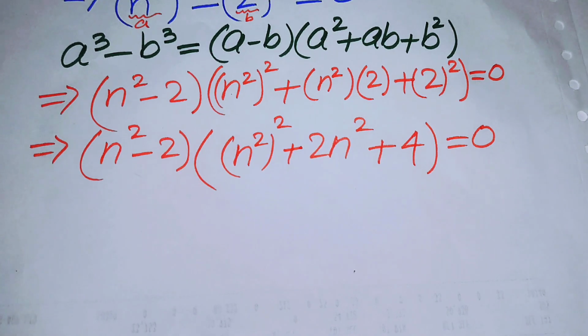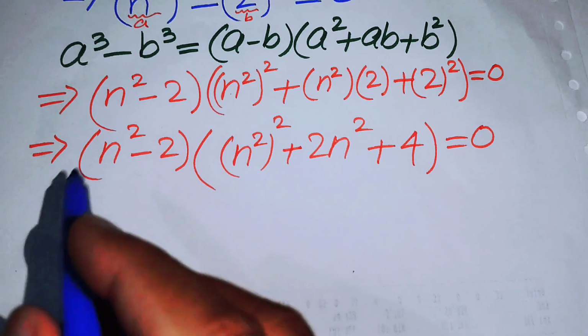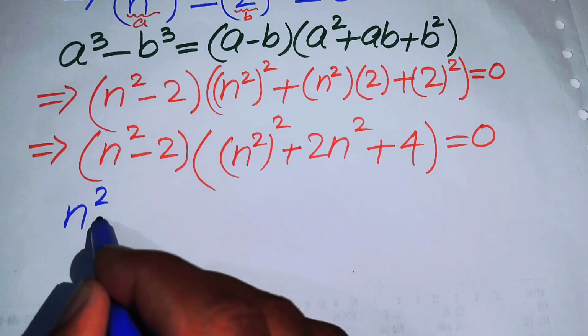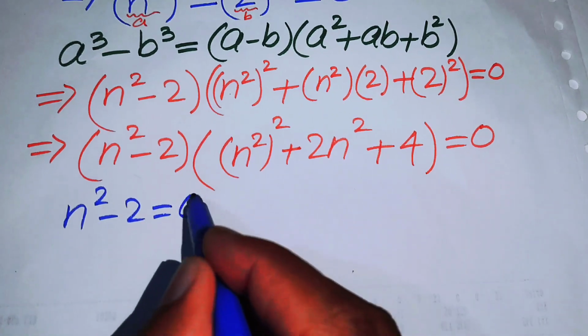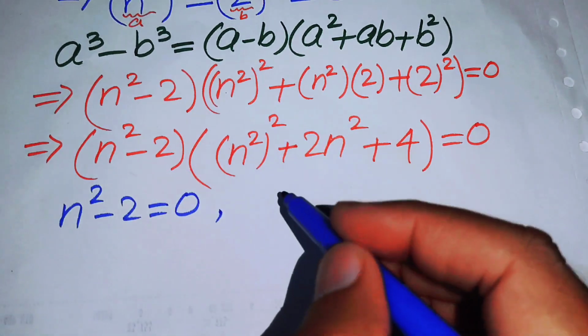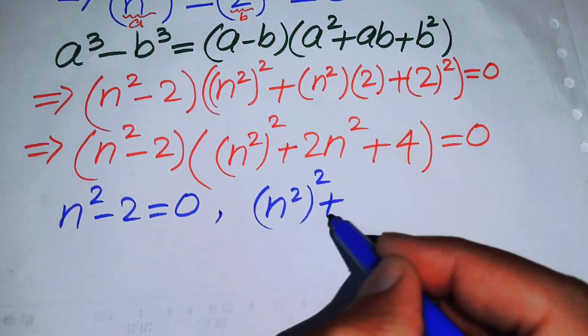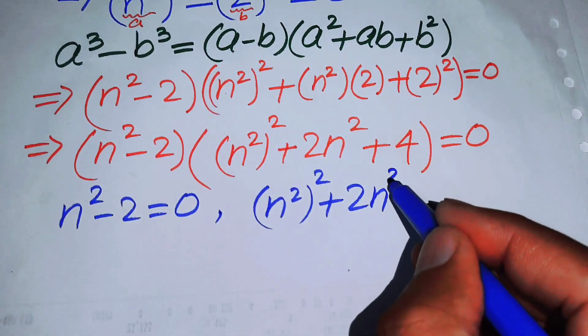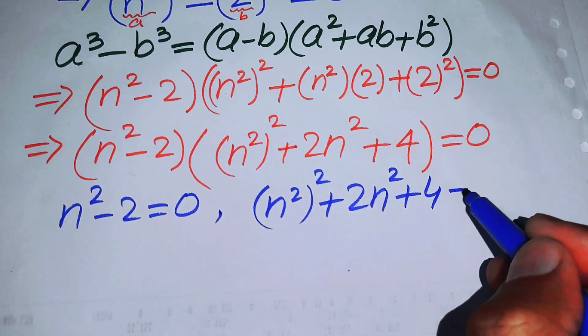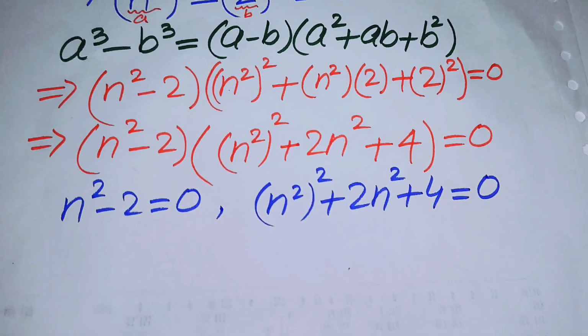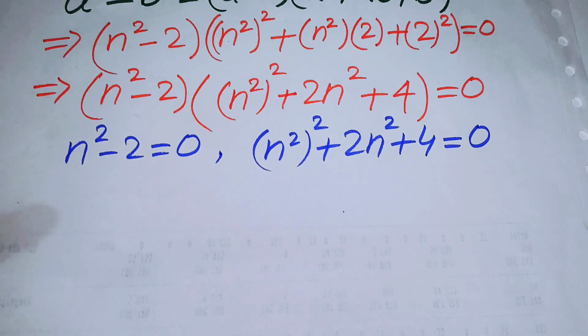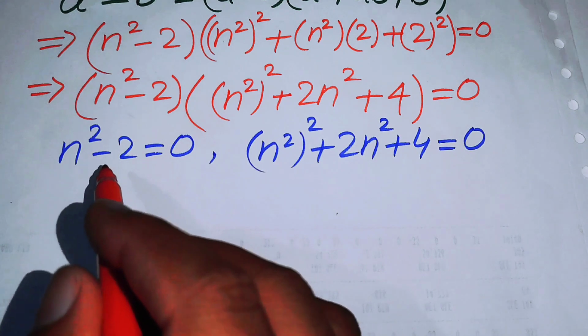And in the next step you can see here we have two cases. So the first case is, we will take n squared minus 2 is equal to 0, and the next case is we can take n squared whole squared plus 2n squared plus 4 is equal to 0. So now first I can solve the first case, and in this case we find the value of n.